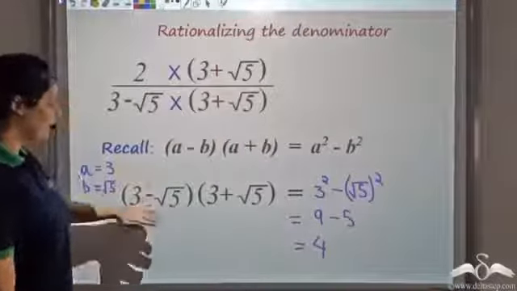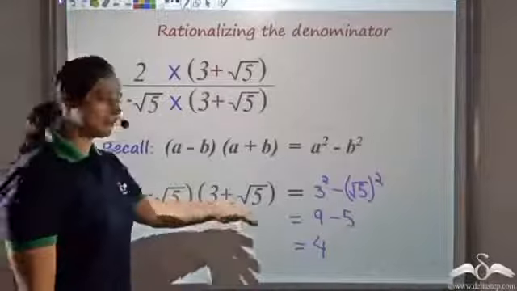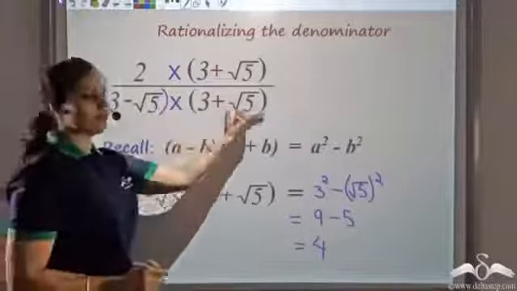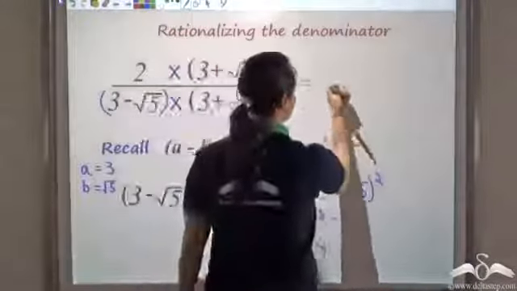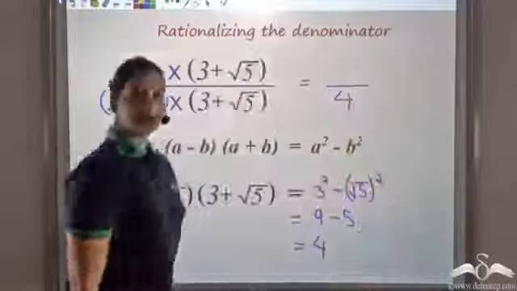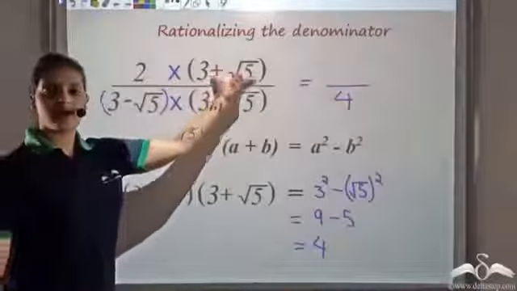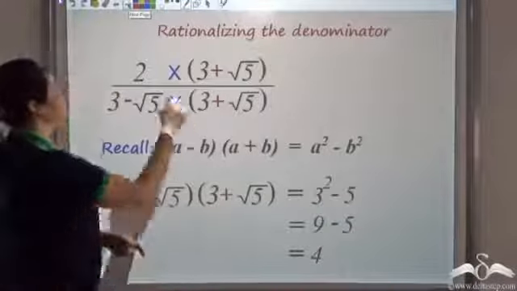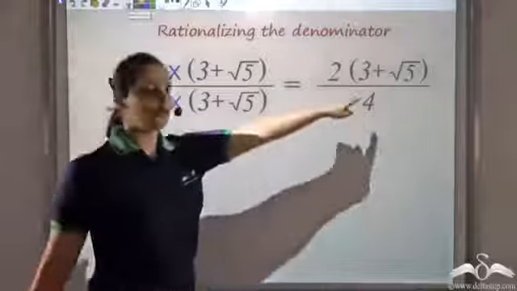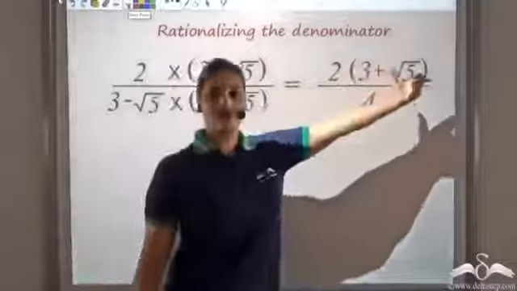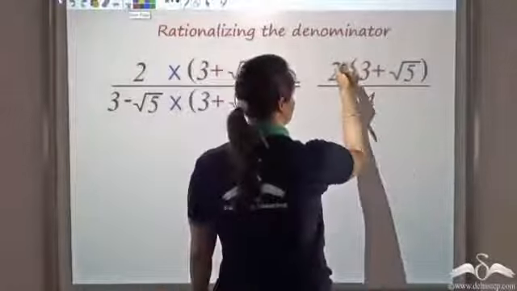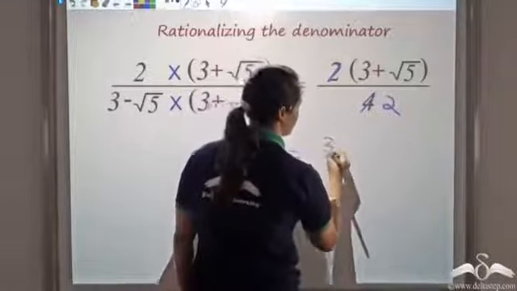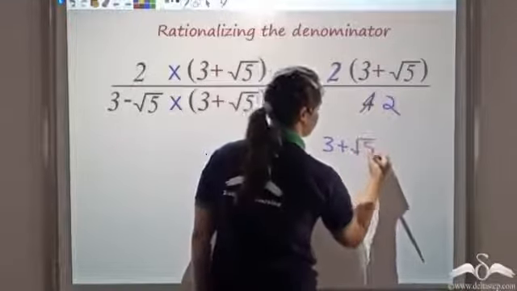So the denominator is 3 minus root 5 into 3 plus root 5, and I know that the denominator is 4. Now the numerator is 2 times this irrational number. The denominator is 4. The numerator is 2 times 3 plus root 5. Now I can simplify this, and this gives me 3 plus under root 5 by 2.